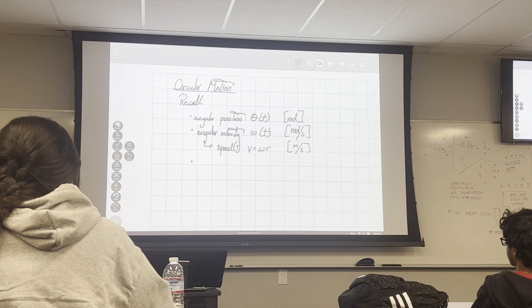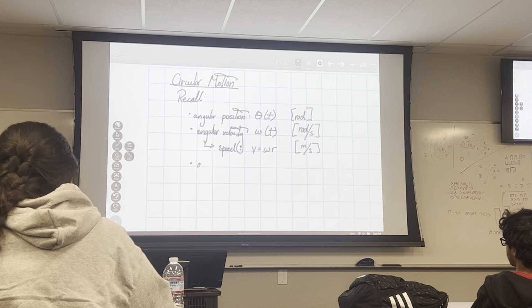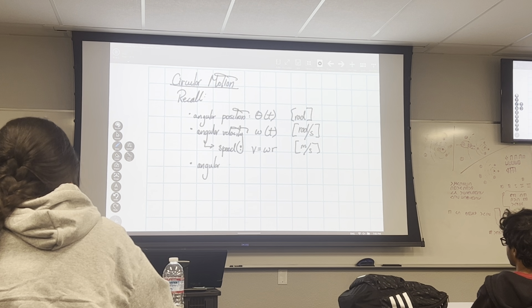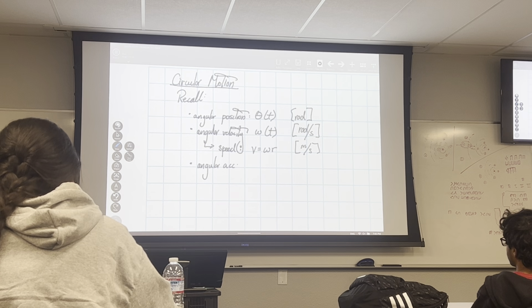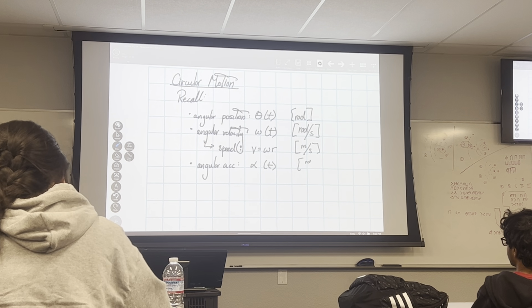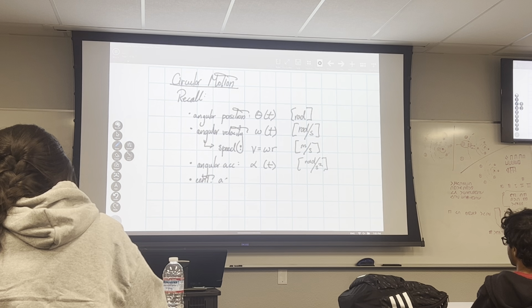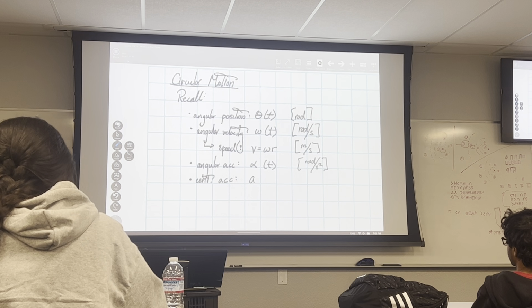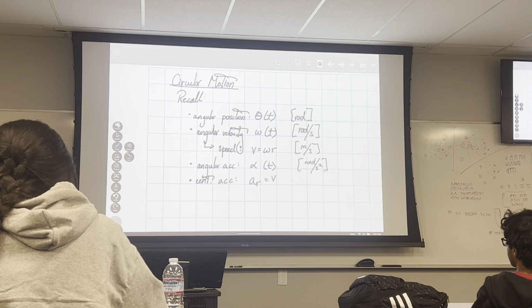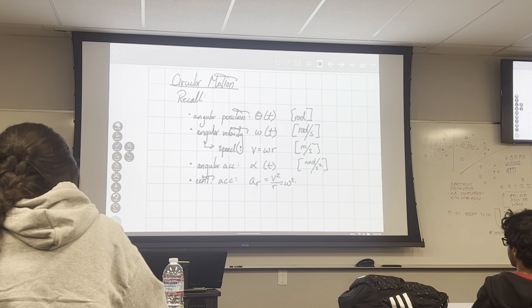And of course, we have the different accelerations as well. The angular acceleration, it's alpha as a function of time, which is radians per second squared. Centripetal acceleration, which is v squared over r, or omega squared r.